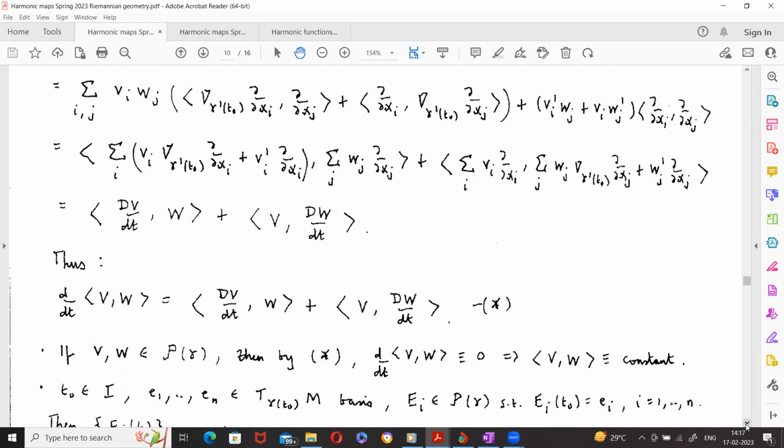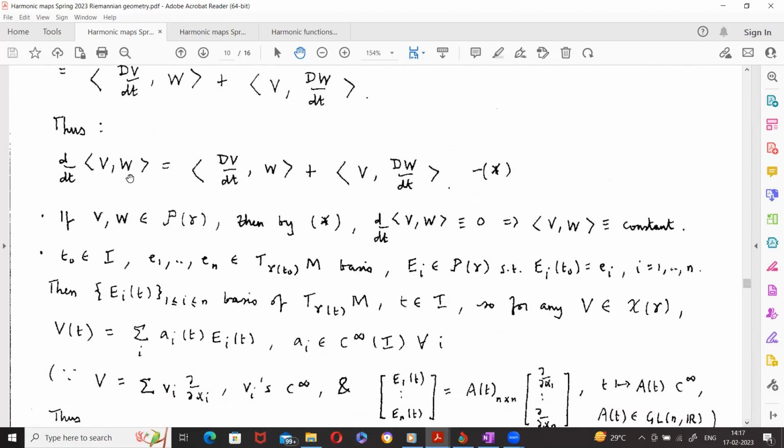That is, if I take two vector fields V, W along a curve gamma, and I take their inner product, that's a function of the parameter t along the curve. So then d/dt of this inner product of V and W satisfies the Leibniz rule. It's the inner product of the covariant derivative dV/dt with W plus the inner product of V with the covariant derivative dW/dt. Okay.